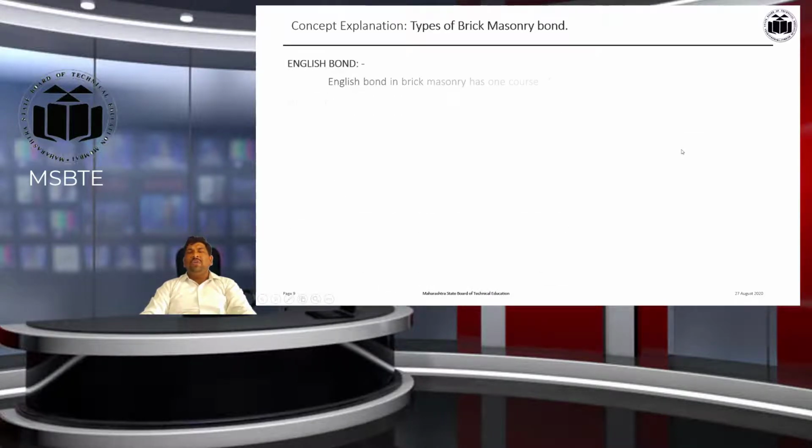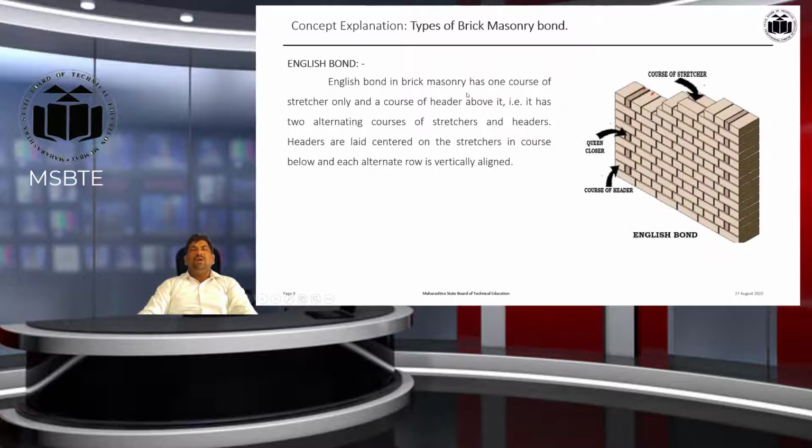Then English bond. In English bond, the brick masonry has one course of stretchers only and one course of headers above it, that is, two alternating courses of stretchers and headers. Headers are laid centered on the stretcher in the course below, and each alternate course is vertically aligned.